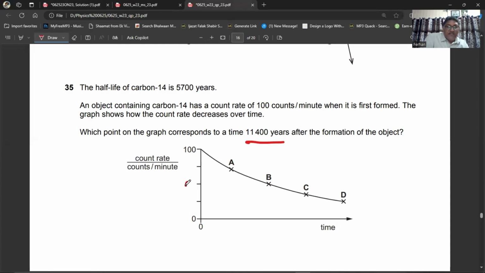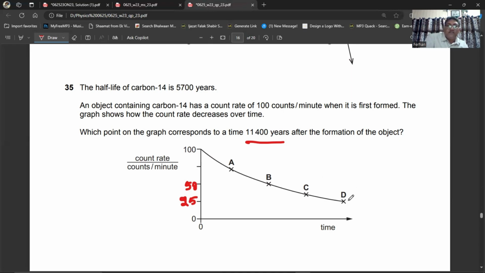So you see, this is 50, and this is 25. So 25 corresponds to which point?